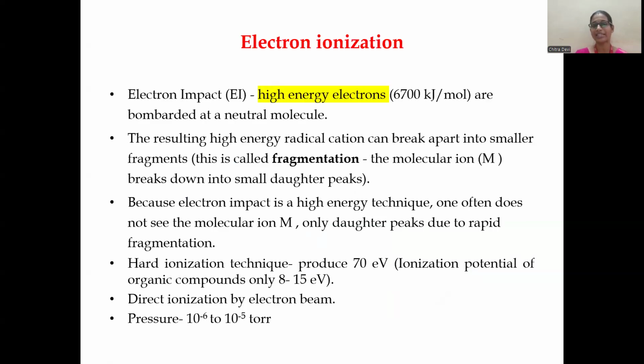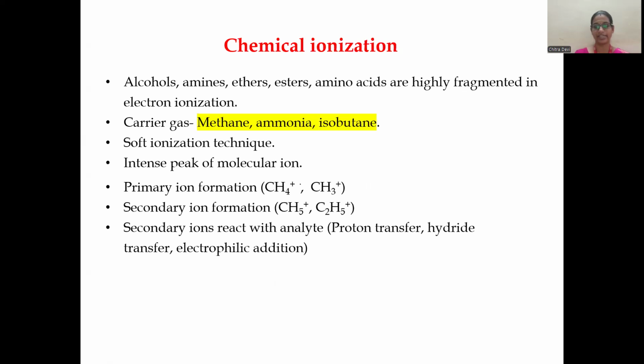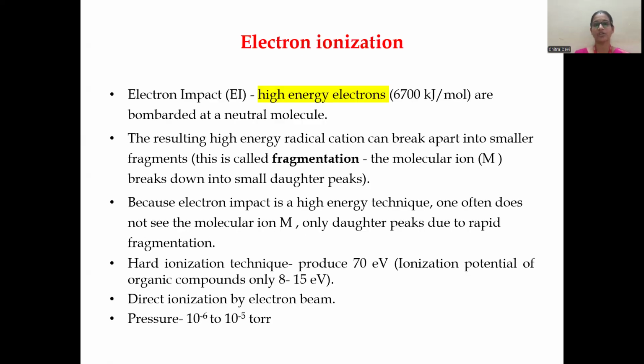So mainly what is happening in electron ionization is the energy will be around 6700 kilojoules. Because of this high energy, radical cation ions form, because the high energy electron beam is applied.